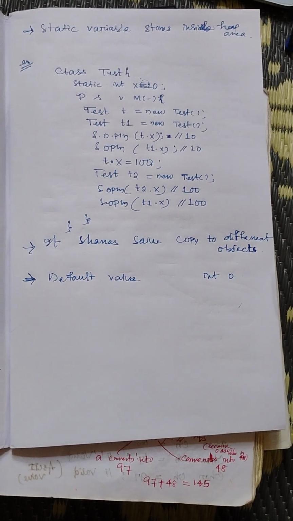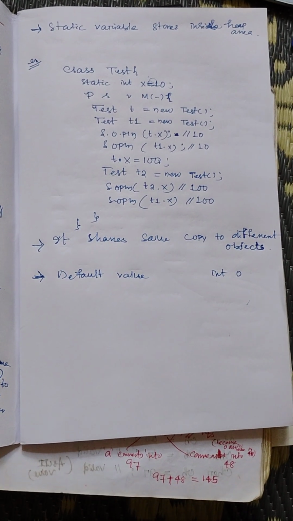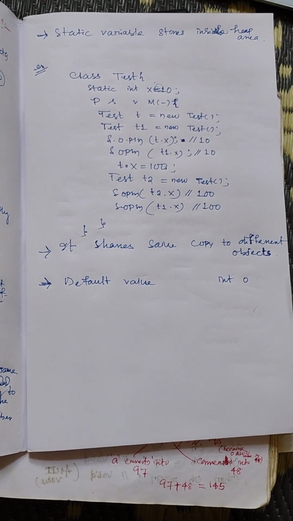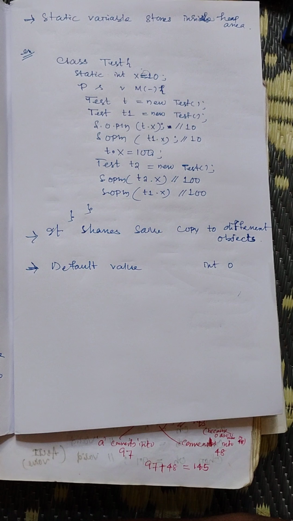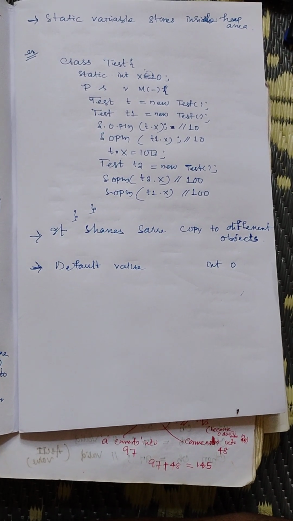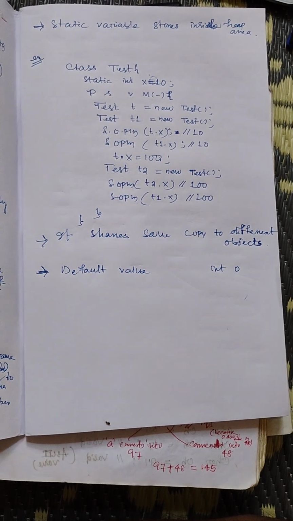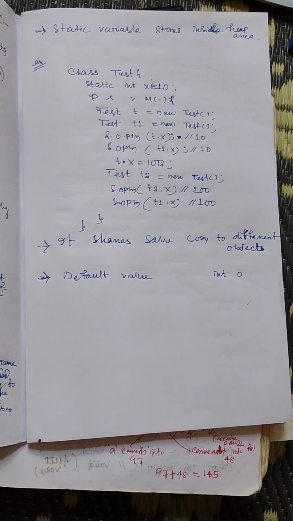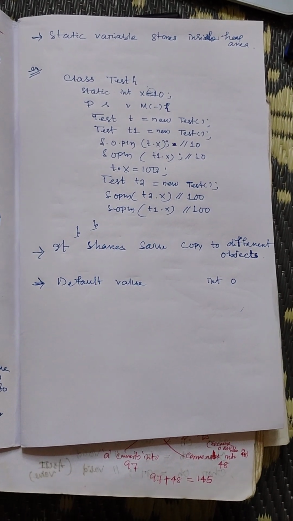Okay, so now it is clear about static variables. A static variable is declared inside the class area but not inside a method block or constructor area. A static variable can be called in three ways: directly, by object reference, and by class name, but class name is the recommended way. A static variable is stored inside the heap area.